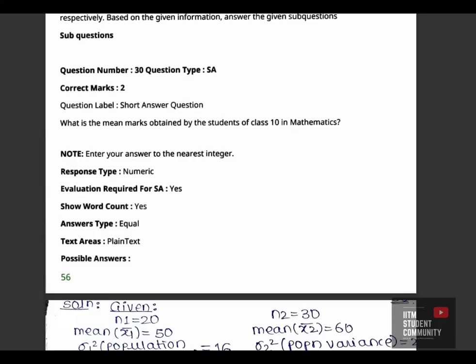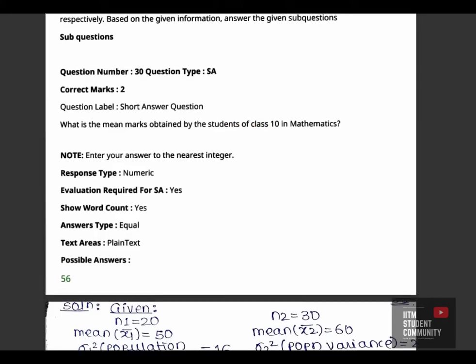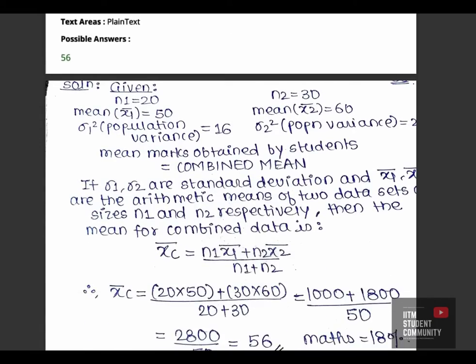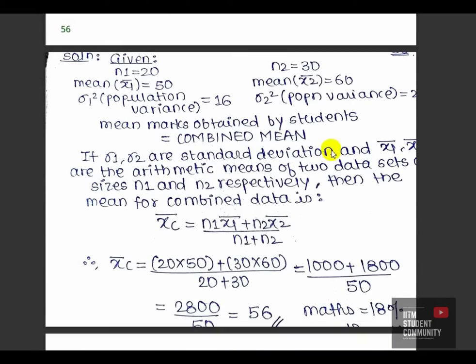Now we have been asked here, what is the mean marks obtained by the students of class 10 in mathematics? Now as you can see here, there are two data given over here checked by two different teachers, and then we have been asked the mean marks of the total 10 standard mathematics. So mean marks obtained is basically combined data.